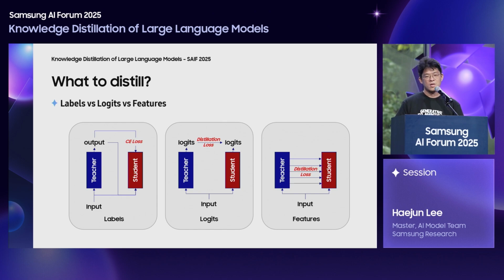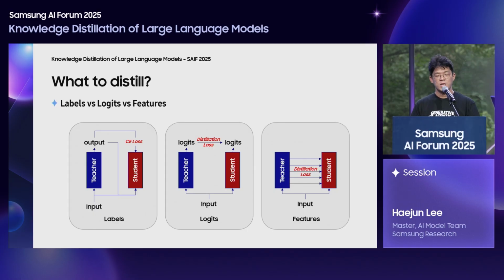Compared to label distillation, this will deliver not just the next word, but when the teacher model predicts, what was the level of confidence with which it was predicted and what are the probabilities of other words being predicted. So it provides much richer information, therefore making the learning more effective.